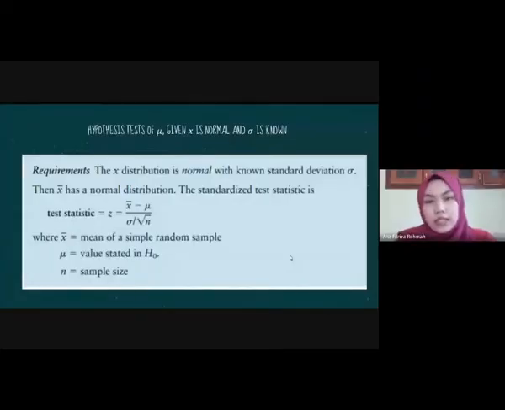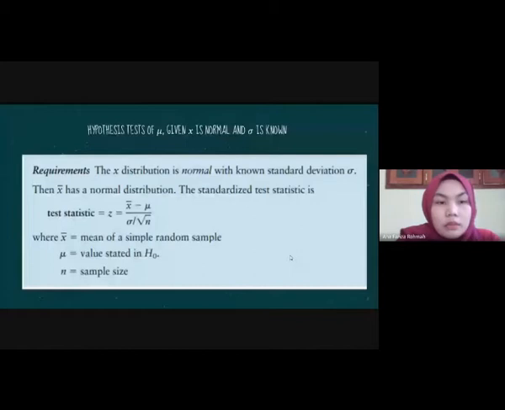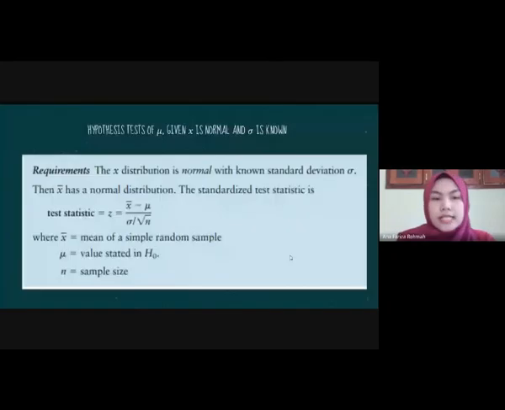The standard test statistic is z equals x bar minus mu divided by sigma over the square root of n, where x bar equals the mean of a simple random sample, mu equals the value stated in the null hypothesis, and n is the sample size.